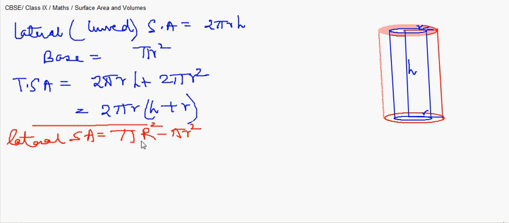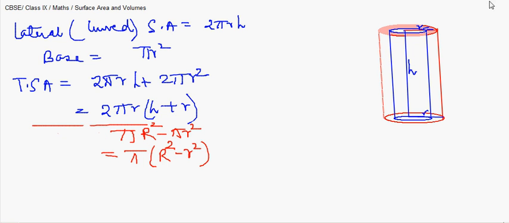This R is representing the radius of the outside circle, the exterior one. And now if I take pi common, it will be pi times (R square minus r square). Similarly, oh, I made a mistake. This is not the lateral surface area. This is the base area. Area of each base actually. Base area.